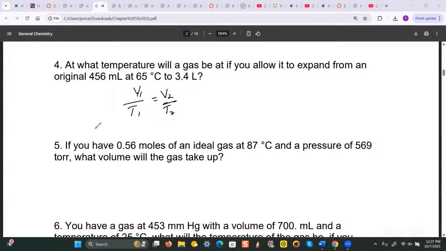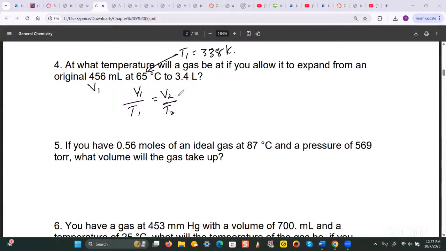So what is V1? 456 mL. Okay, so that's V1. What is T1? Remember, when it comes to temperatures in any of these laws, what do we need to do if it's in Celsius? Convert to Kelvin, so that would be 65 plus 273, so 338 according to my calculations would be the value expressed in Kelvin.